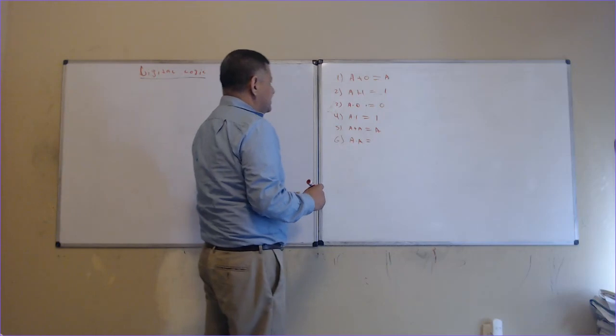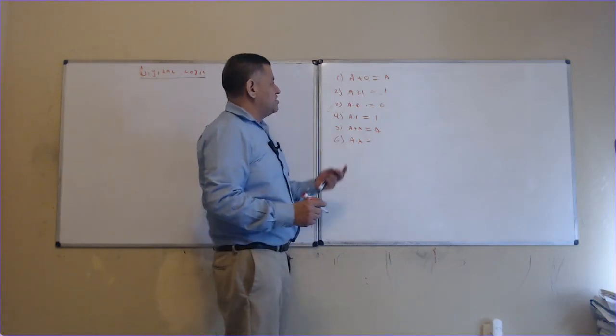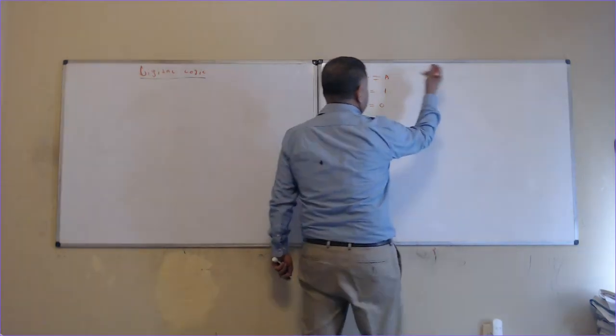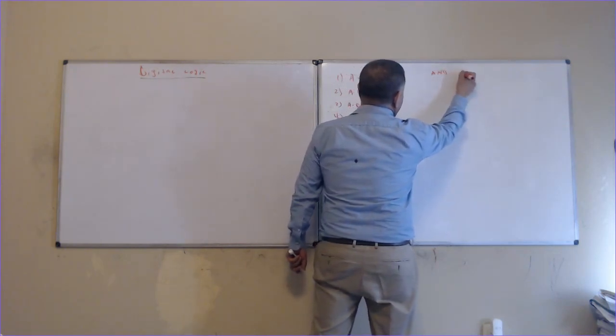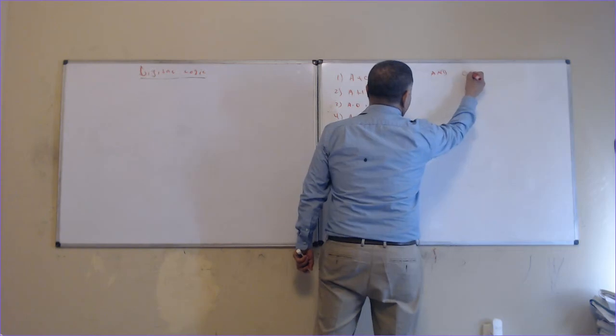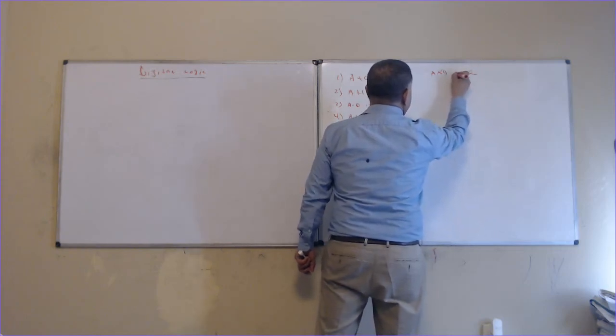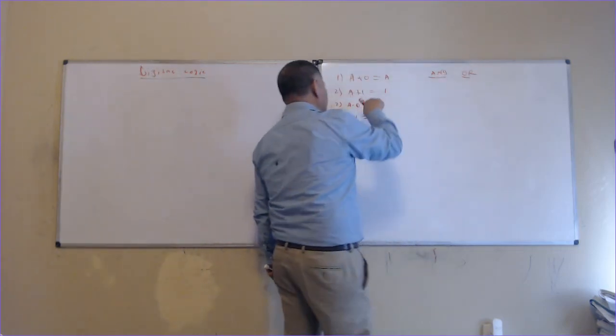And I will explain that in Boolean algebra, we're dealing with two major gates here, AND and OR, right? Those two main ones are involved here.